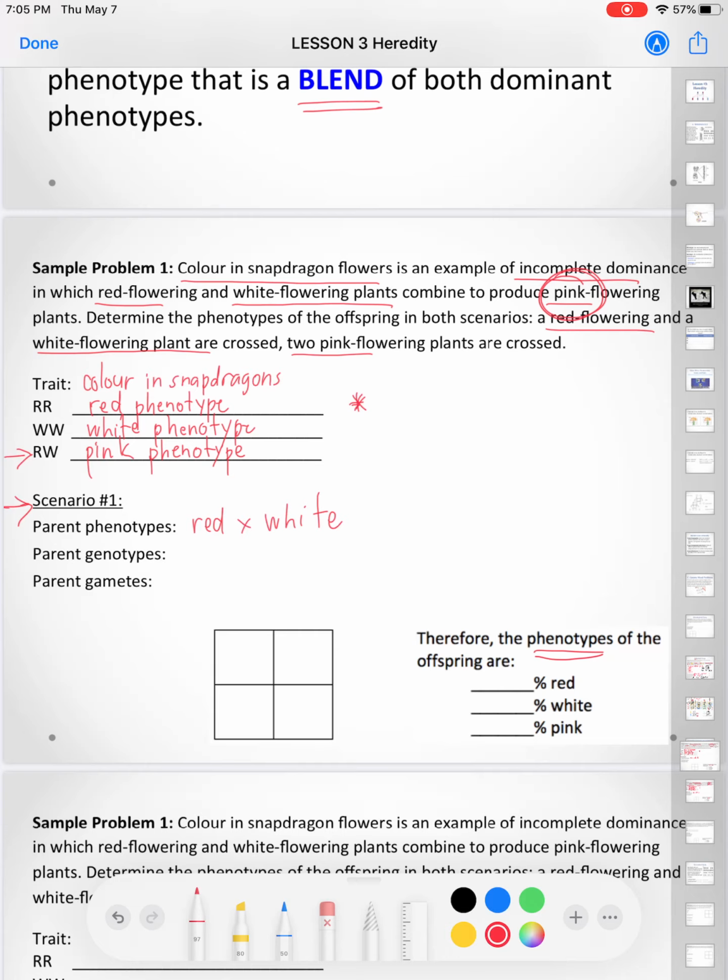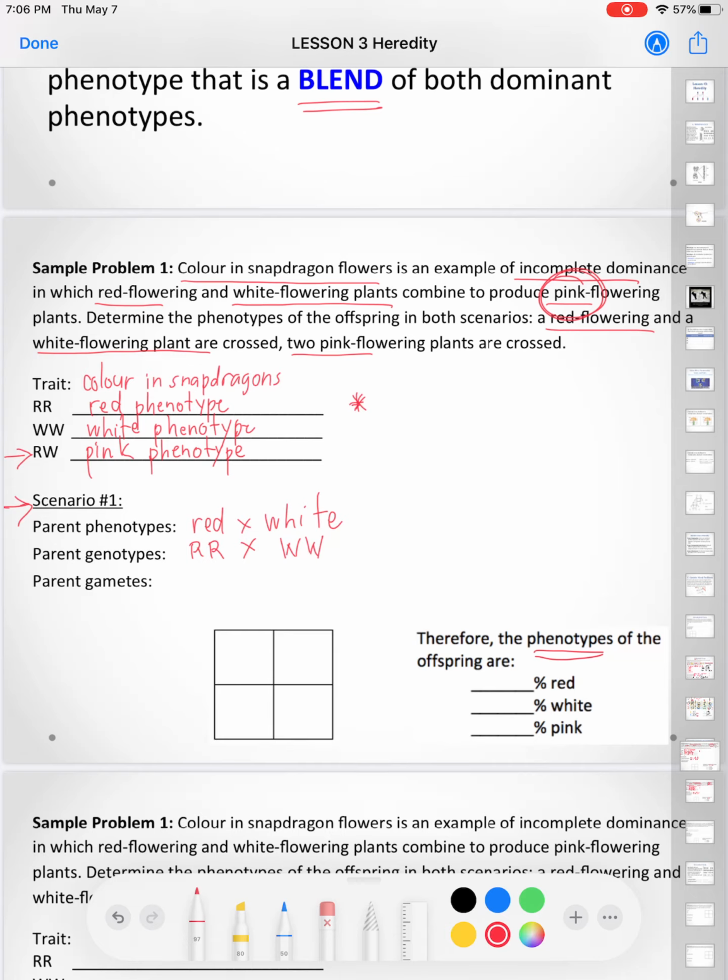Let's now put in what their genotypes are. To be red flowering, you have to be homozygous capital R, and the white is homozygous dominant W. You'll notice we're using two different letters here, which is different from a monohybrid cross, where we use just an uppercase and lowercase of the same letter.